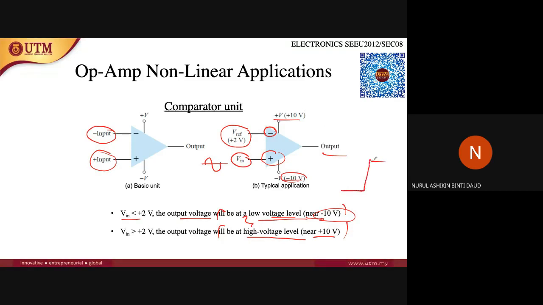So it will be like this. Let's say this is the input graph, and this is the reference, 2 volts. If it is lower than 2 volts, the output will be near minus 10.